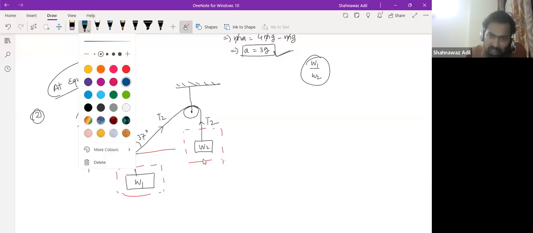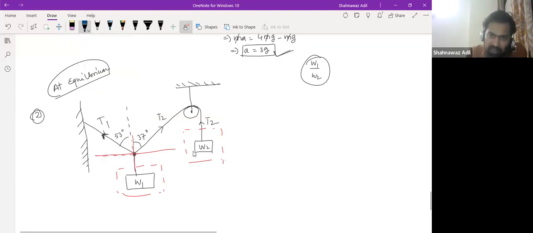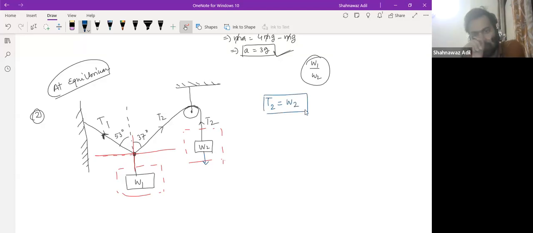This part is easy. We can directly apply the equilibrium condition. T2 would be simply, because this is weight W2, W2 is equal to T2. Because in the second block, everything is at equilibrium.